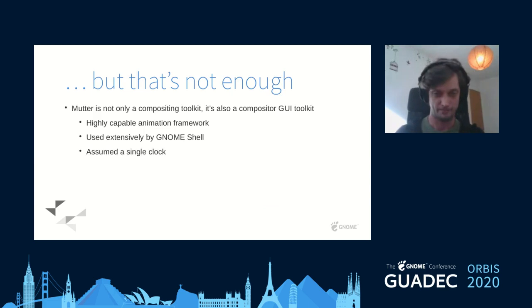That's not enough, because Mutter is not only a toolkit for compositing windows and painting onto monitors, it's also a compositor user interface toolkit used by GNOME Shell to implement all the fancy animations and widgets and chrome and everything. It has an animation framework.